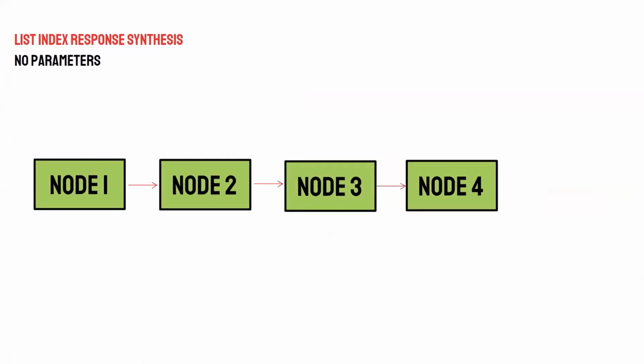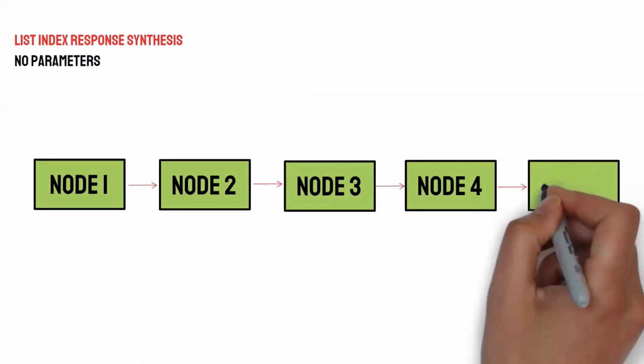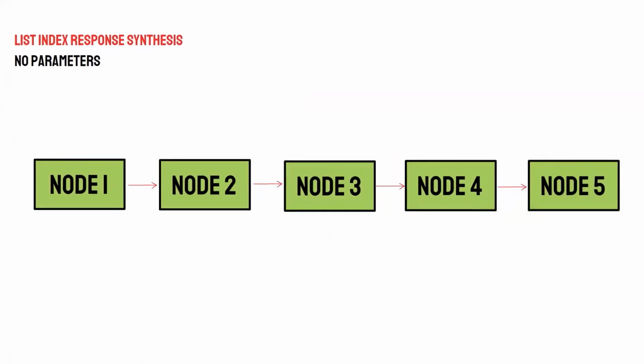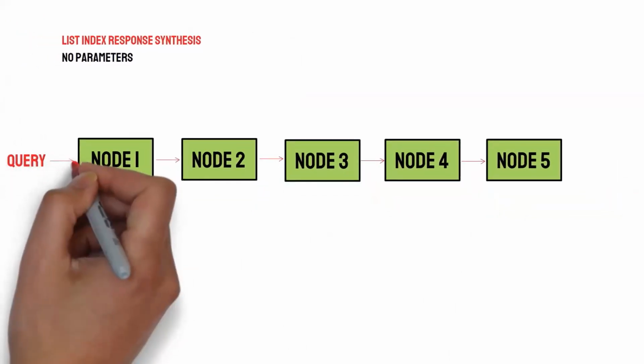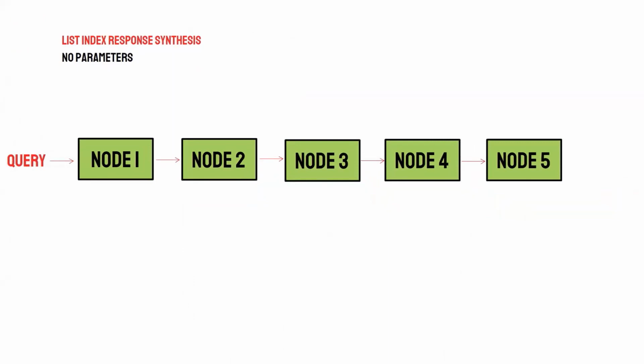In other words, suppose there are 5 nodes in the list index, as shown here. You begin by providing the query and node 1 text information to the LLM and asking it to generate an answer. The LLM produces answer 1 in response. Next, you submit the query again, this time with node 2 information, asking the LLM to refine the initial answer 1 based on node 2 information.